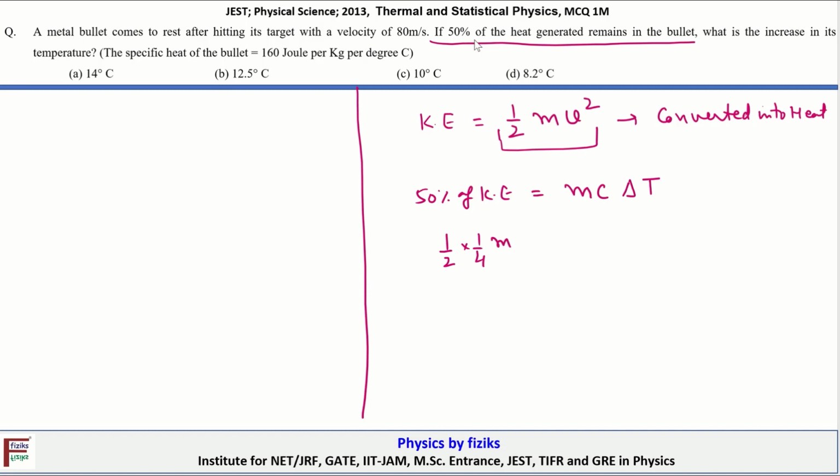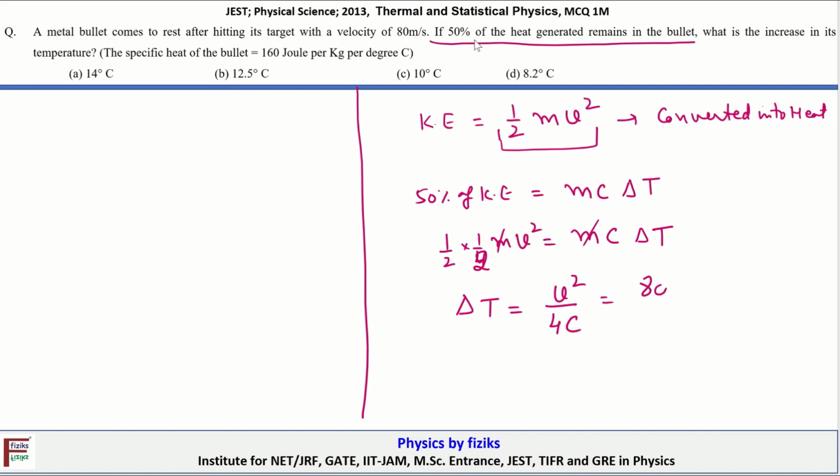that is equal to m, its specific heat, and the corresponding change in temperature delta T. Okay, so m will cancel with m, the corresponding change in temperature of the bullet delta T is equal to, so it is 1 by 2, not 1 by 4. Okay, so delta T is equal to v squared upon 4c.